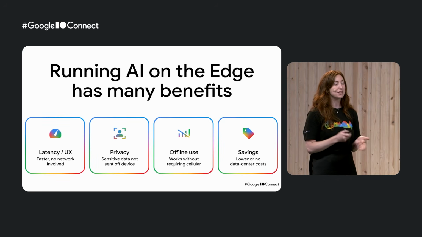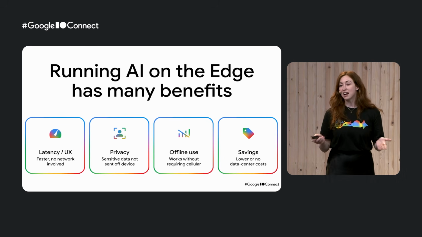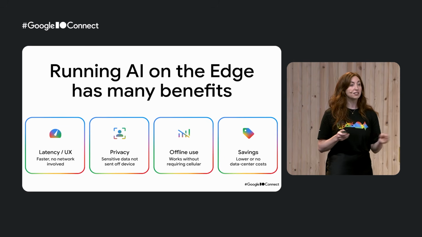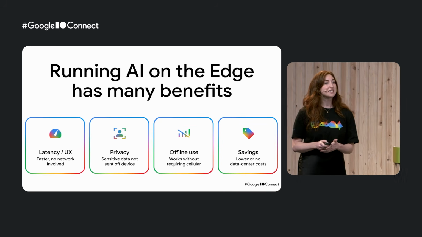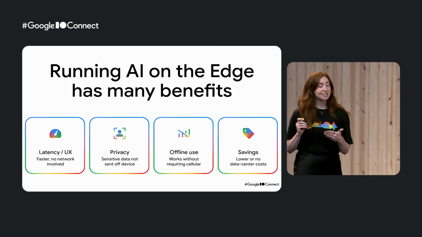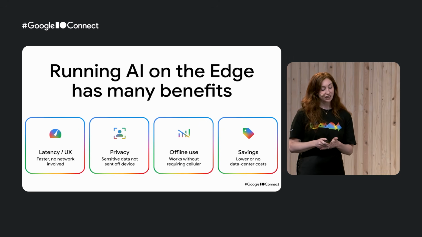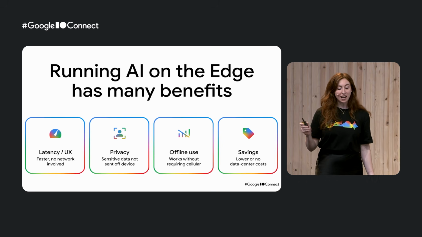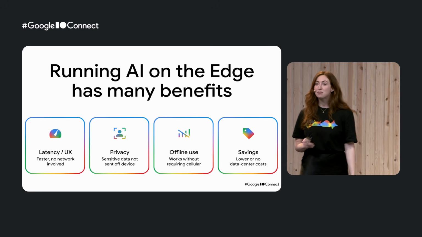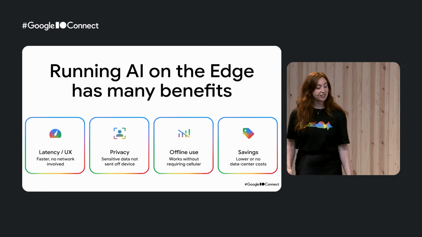So, you're all here, and hopefully you're already excited about some of the benefits of running models on device. But just to get on the same page, let's talk in more detail about why Edge AI is useful in the first place. So first, processing data on device leads to significantly lower latency because there's no network delay. This is critical for real-time applications where latency can make or break the user experience.